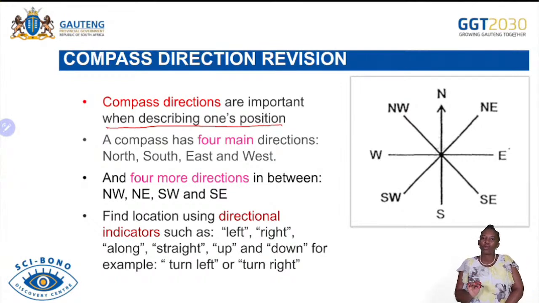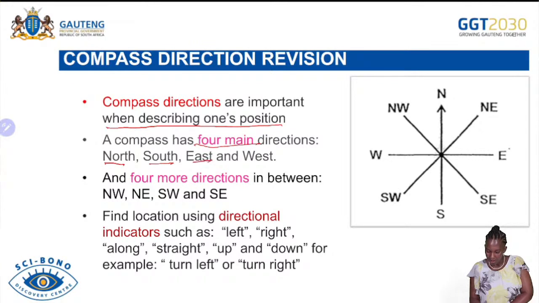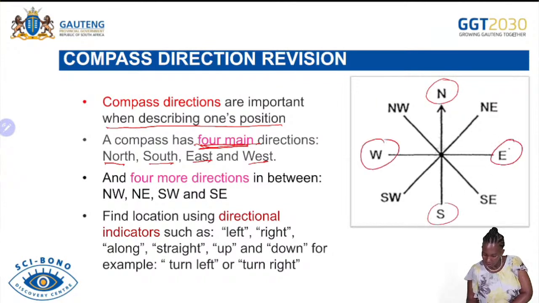Then if I am to direct a person, therefore I must use what? A compass direction. And with a compass direction, there are 4 main directions, which are the north, the south, the east, the west.